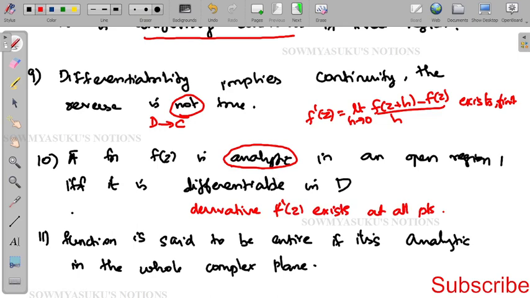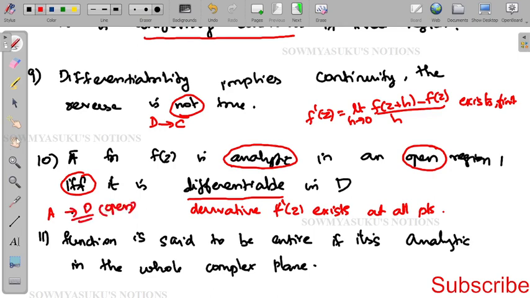So the 10th one is, a function is analytic if and only if it is differentiable. So analytic implies differentiable, but one thing, this is in the open region.